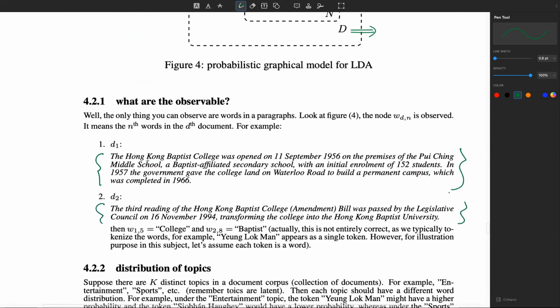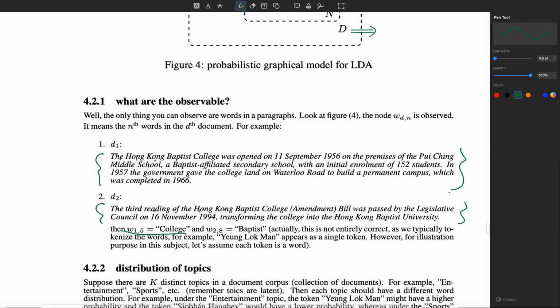The very first thing is to convert them into tokens. If I look at word 1,5, that indicates the first document, the 5th word. You can count them 1, 2, 3, 4, 5. So it's college. And W2,8 means in the second document the 8th word, which is Baptist.